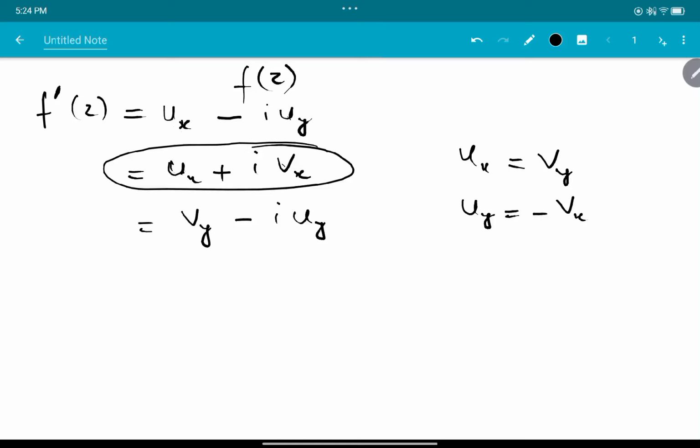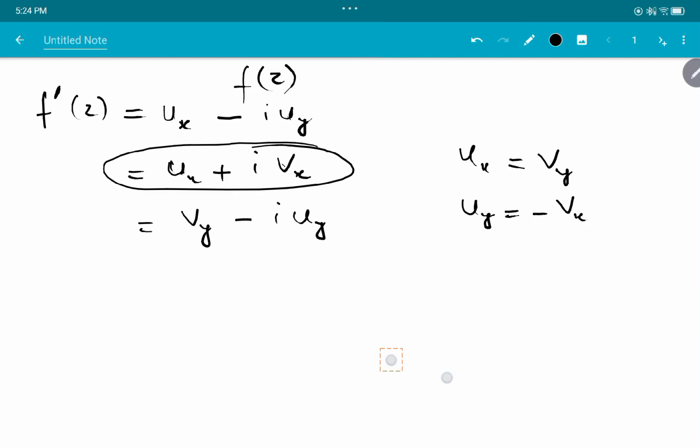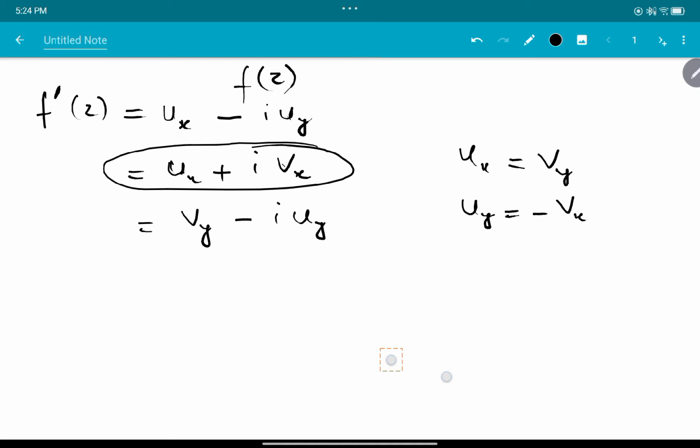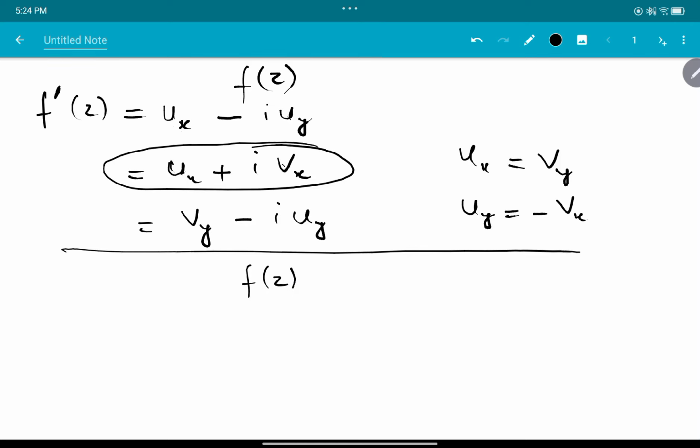Now we are in a position to take up problems based on these CR equations and continuity of partial derivatives. The first problem that we will examine is this interesting function f(z) equal to mod z square, that is z times z bar, the complex conjugate.